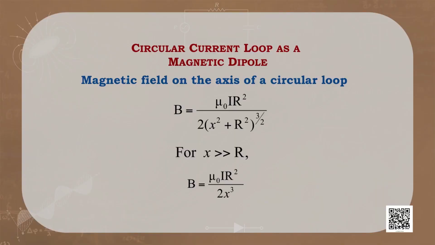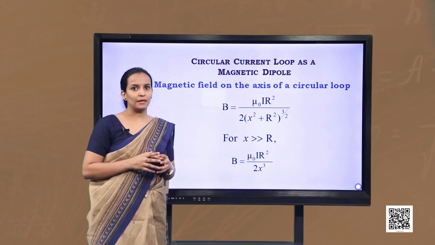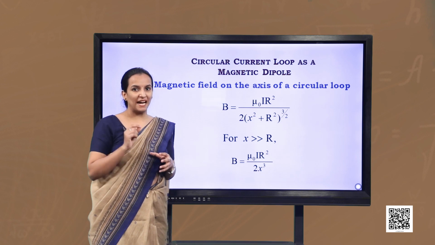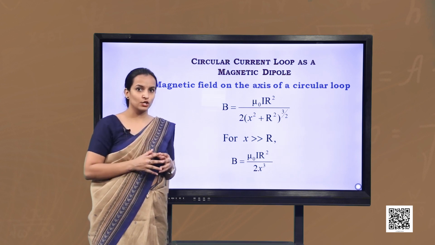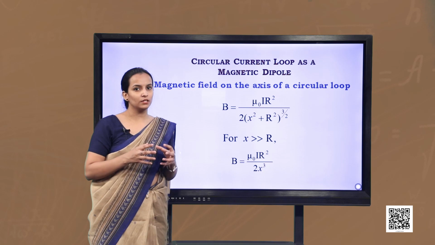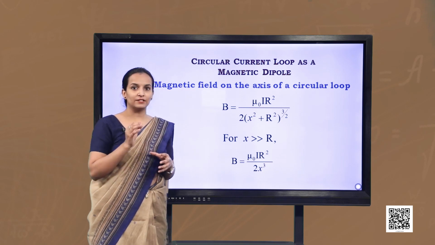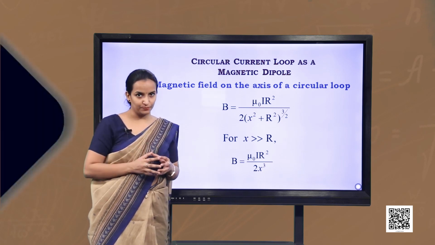Moving forward, we shall consider the elementary magnetic element, that is the current loop. We will try to establish the similarity between the magnetic field at large distances due to the current in a circular current loop and the electric field of an electric dipole.